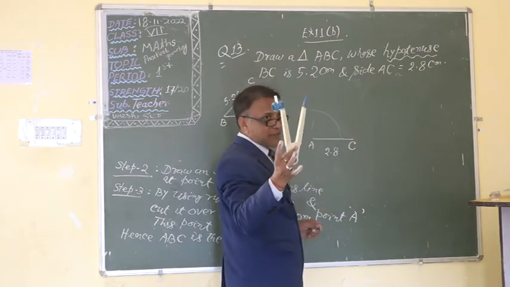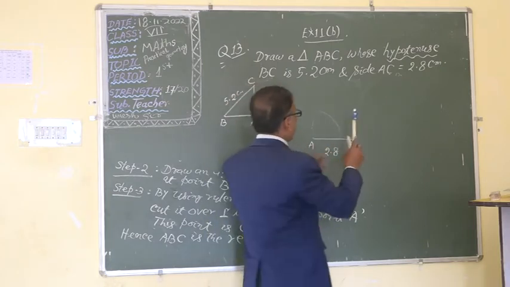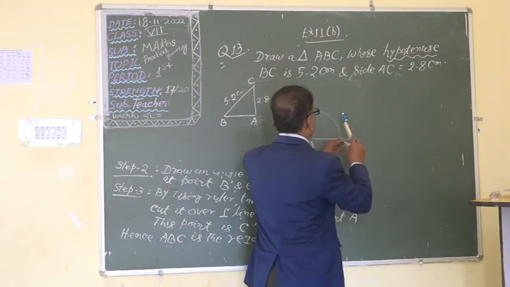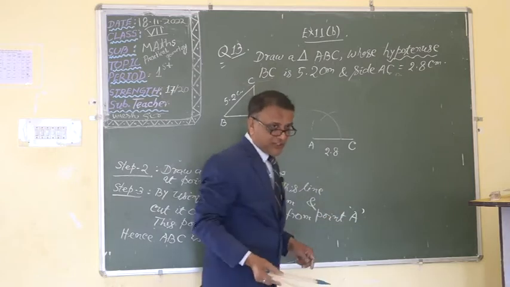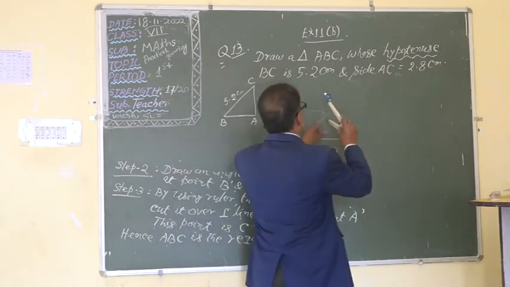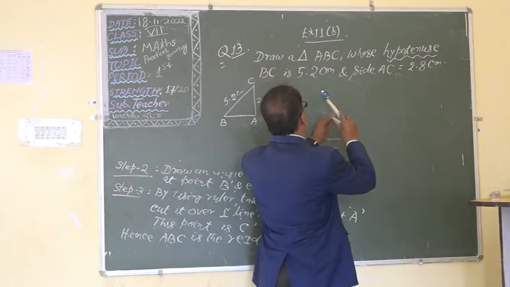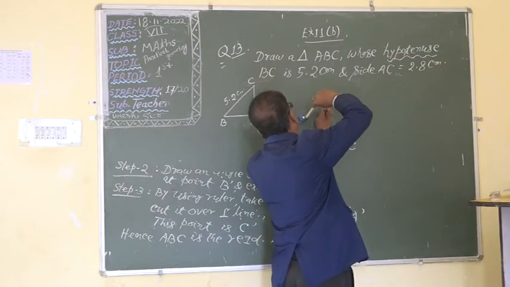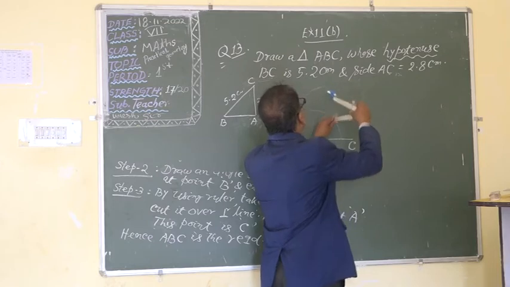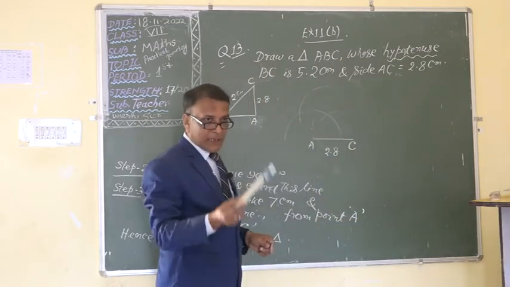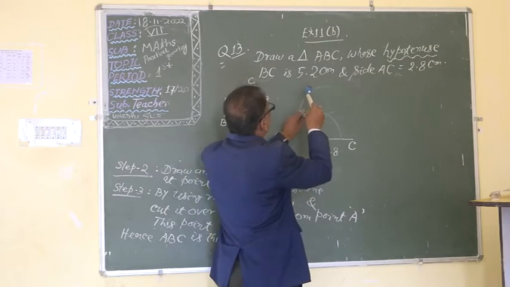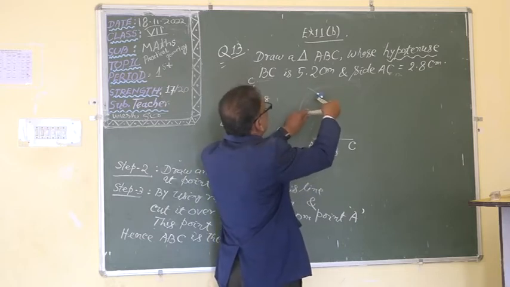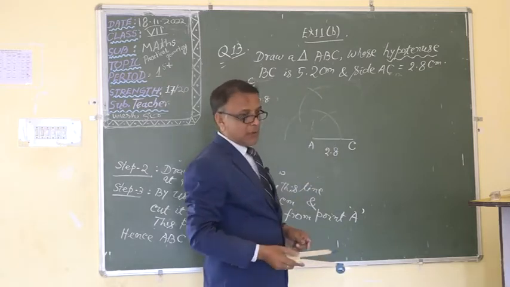Then keeping the same length, from this point you draw one arc which will give you 60 degree. From this point, you draw another arc, but you extend that arc. Then from this 120 degree point, you cut over that extended arc.